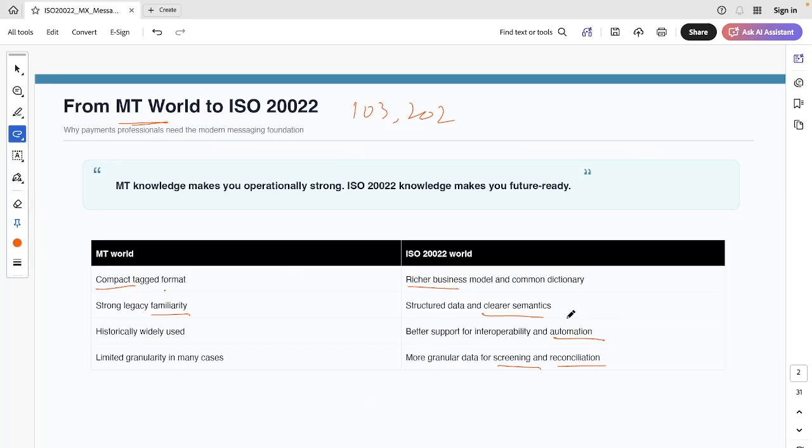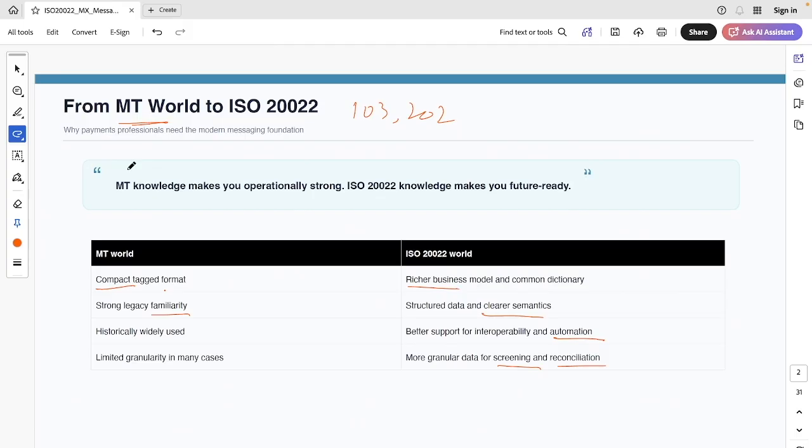MT messages are powerful, but in many cases they are compact and tag based. That compactness is useful, but it can limit how much structured business information can be carried. Think of it like writing the full story of a transaction inside a small suitcase. So you can fit a lot, but sometimes you have to fold things awkwardly.